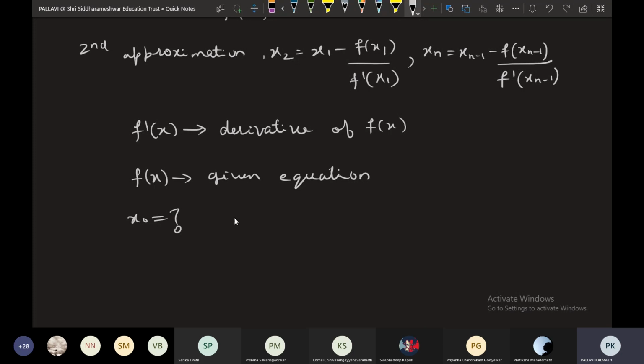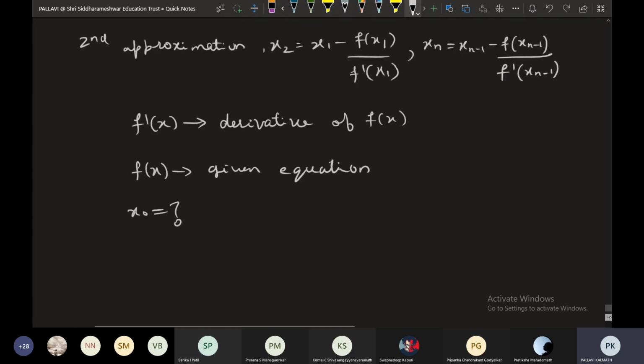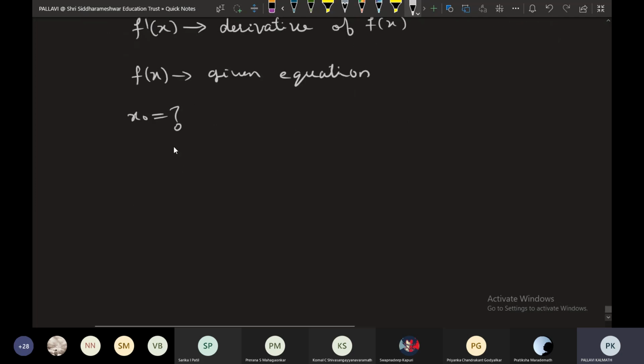Can anybody tell what is x naught? First, initial value. First iteration. The process again will remain same. So you will find f of 0, f of 1, f of 2 and so on.